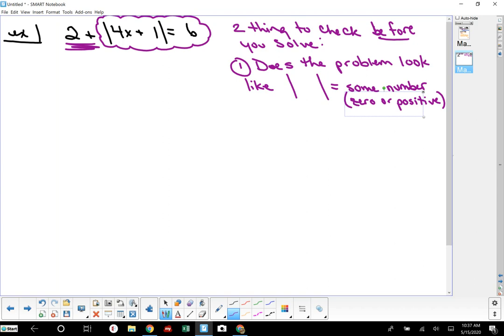So if you have anything either added or subtracted to, or even multiplied by, and that could look a little bit different, you need to make sure you undo add or subtract, or multiply or divide, before you move forward.